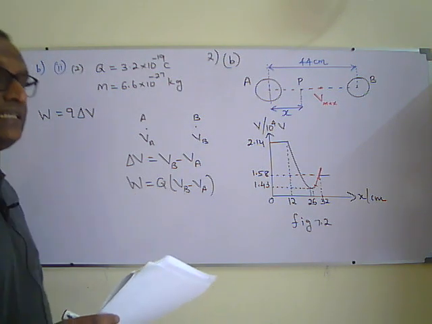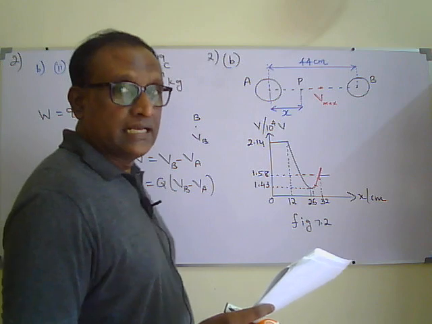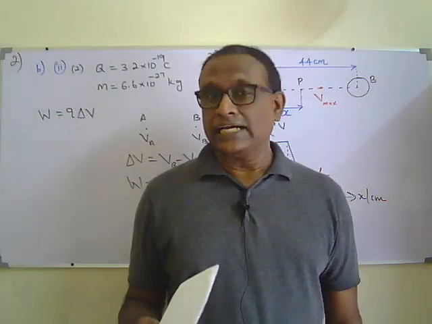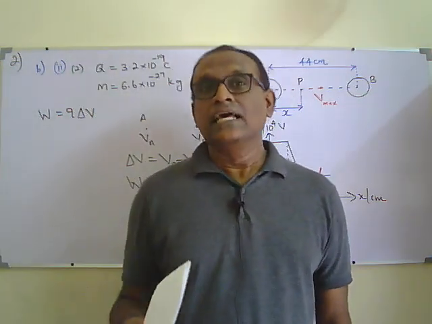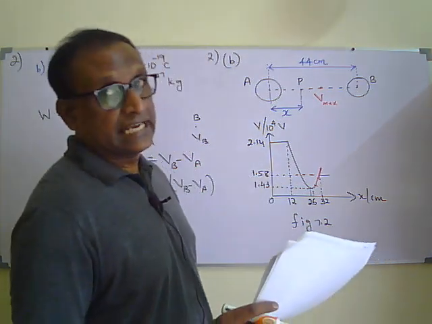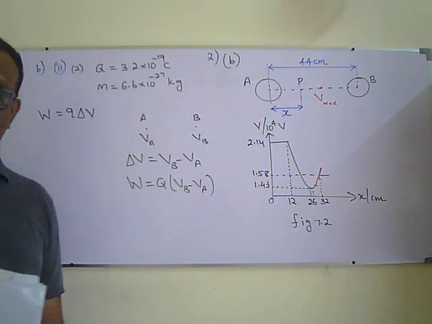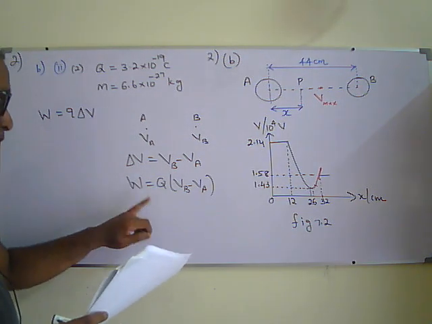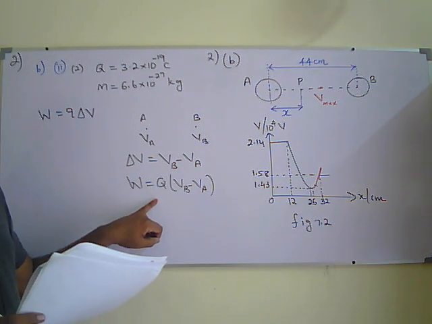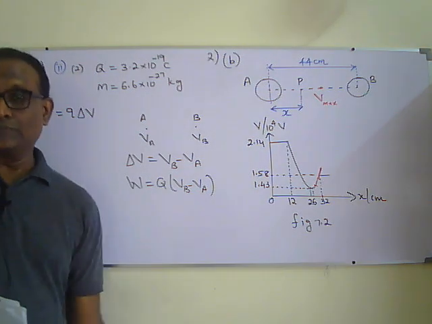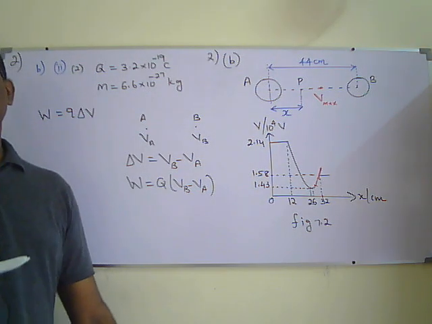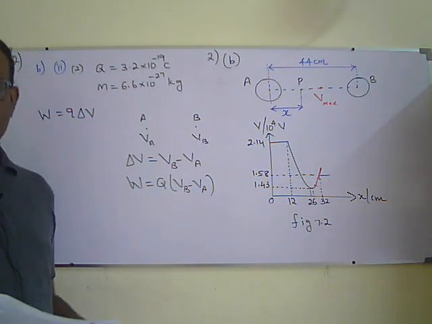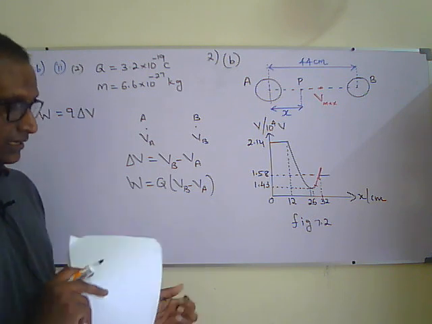If you get negative work done, that means the particle is gaining kinetic energy and losing electric potential energy, so the electric field is doing work. If you get a positive answer, the particle is gaining electrical potential energy and losing kinetic energy. Work is required to move against the field.